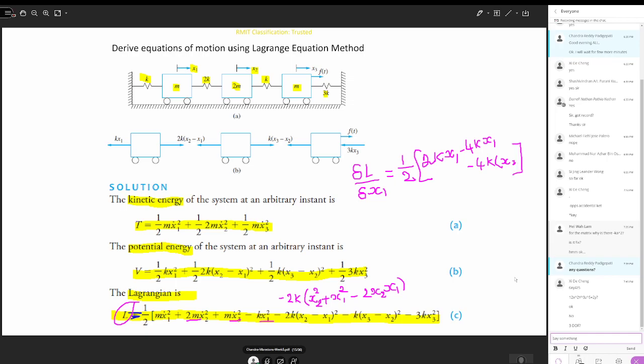So that means you can write this as a half, 2k x1, and you can take minus 4k, you can write it as x2 minus x1.